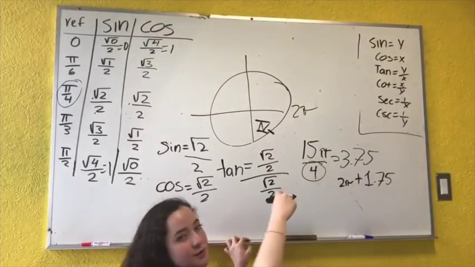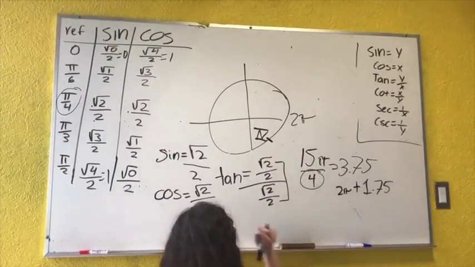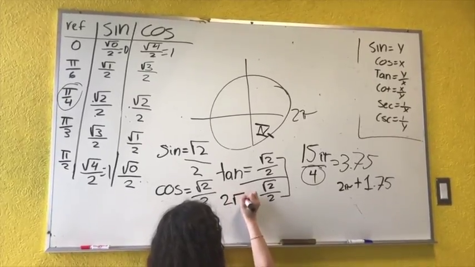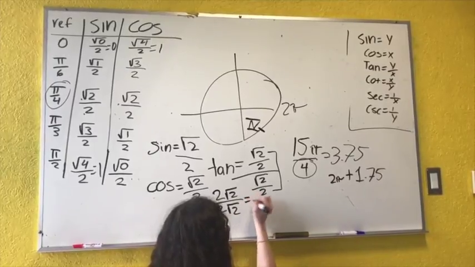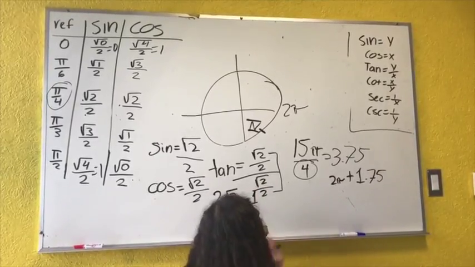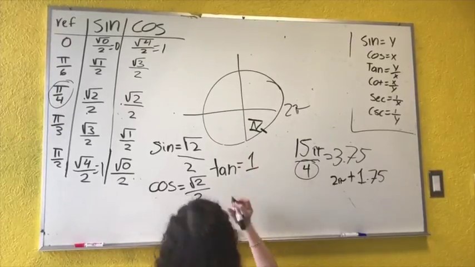So we're gonna use the law of sandwich. We're gonna divide this, no, multiply this over this, so it's gonna be 2 root square of 2 over 2 root square of 2, and it's gonna be equal to 1. So our tangent is gonna be 1.